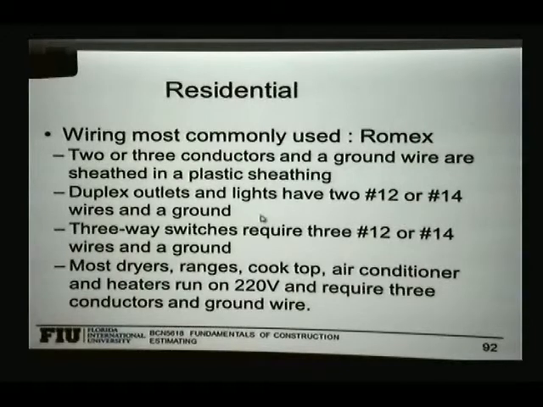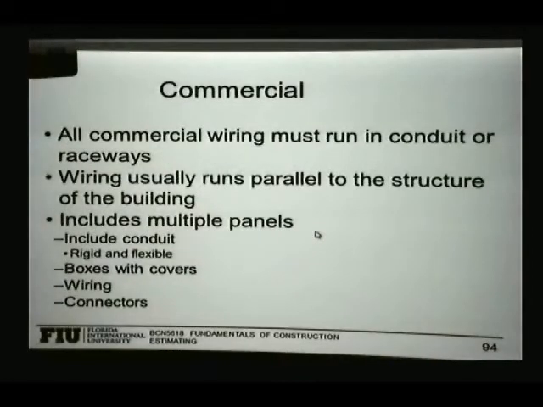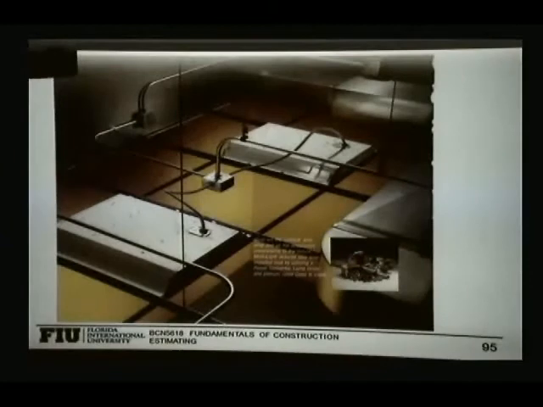Here are some of the most commonly used types of cables, depending on what type of switch you have. We are not going to get down to this level of detail when doing our electrical estimate, but it's good to know that they have different gauges of cables, and you have to account for the different points of use.